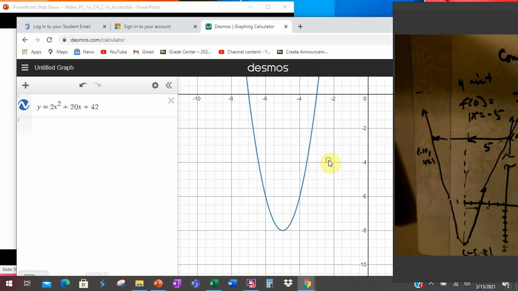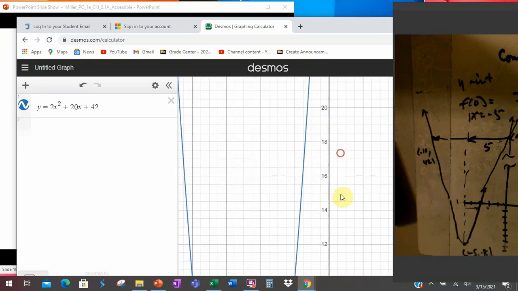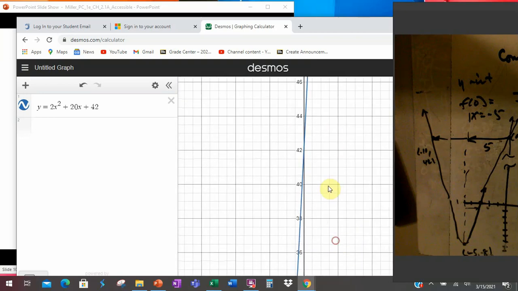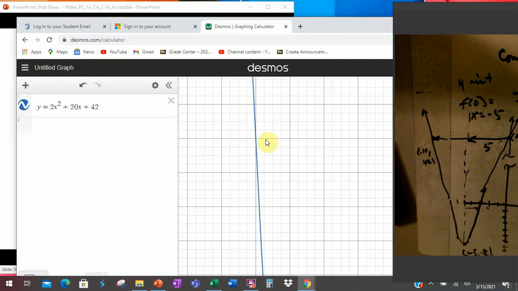There's our -5, -8, okay? And then we graphed out to the -3, 0, the -7, 0, and then all the way over here where it crosses, that's our 0, 42, that's our y-intercept. And now if I go over here to -10, that's going to be our -10, 42.